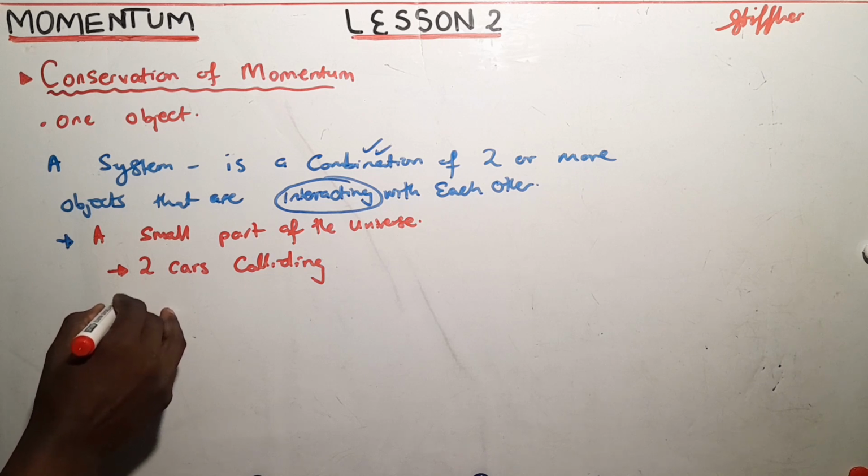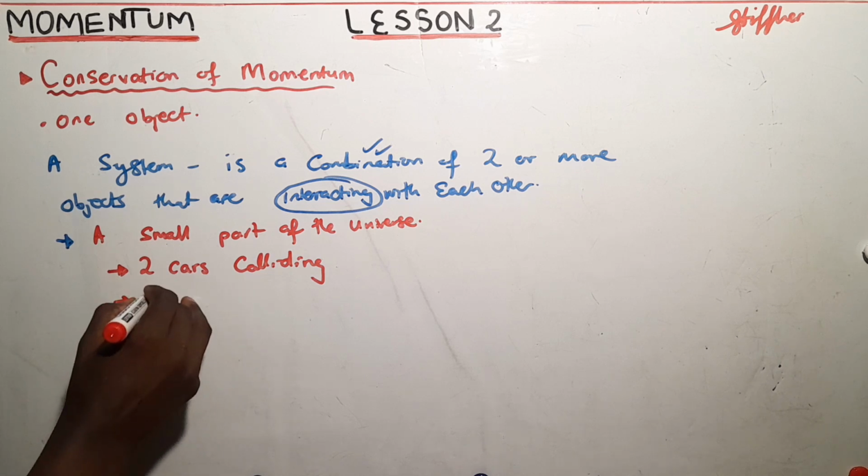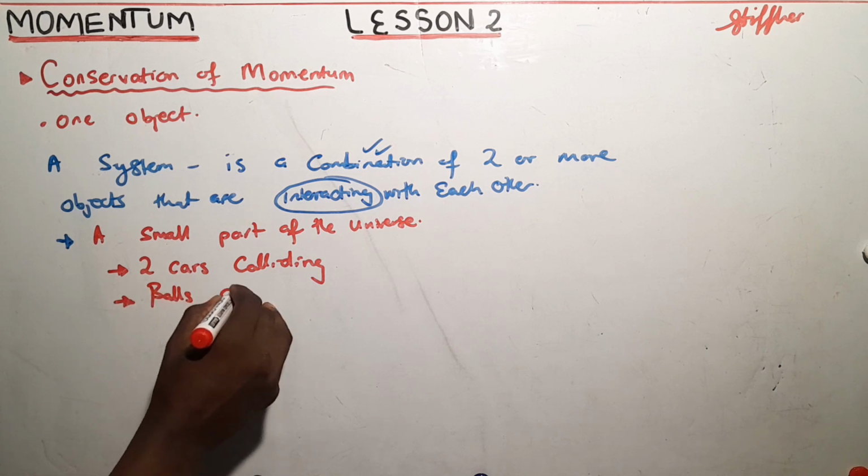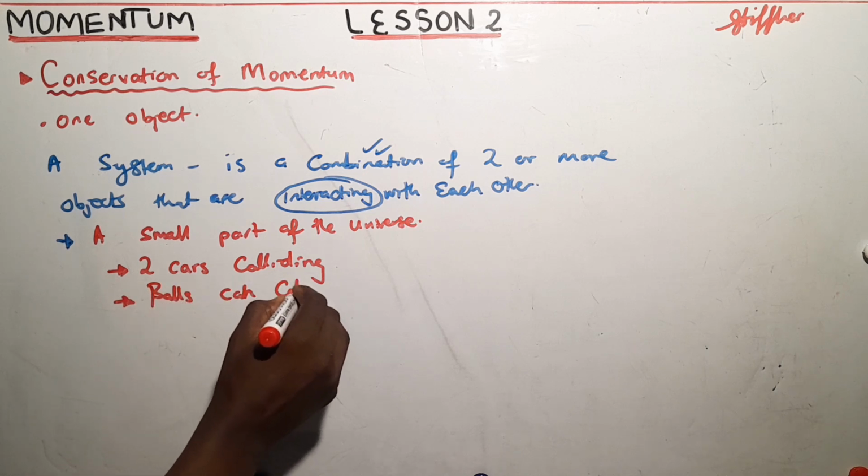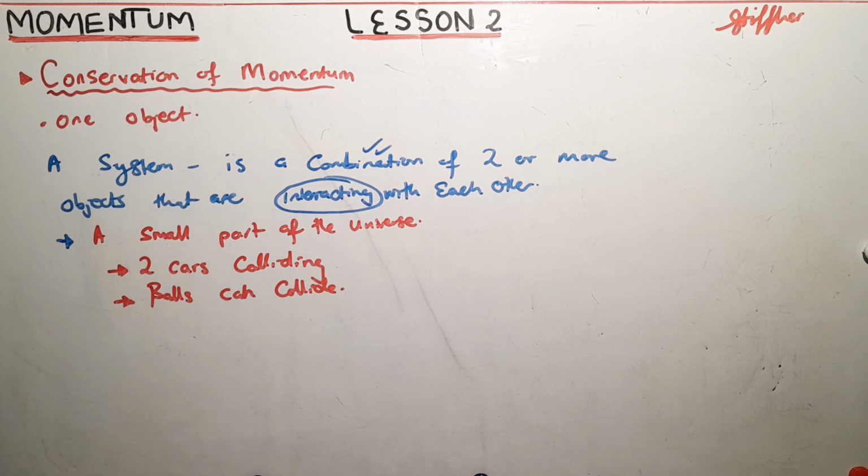When you are playing pool, balls can hit each other, balls can collide. So that is in short what you can call a system.